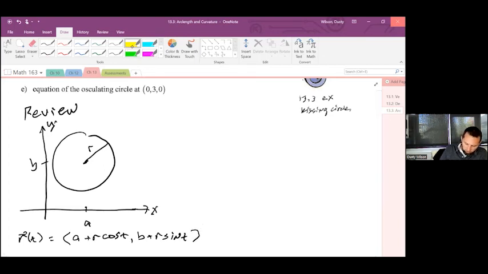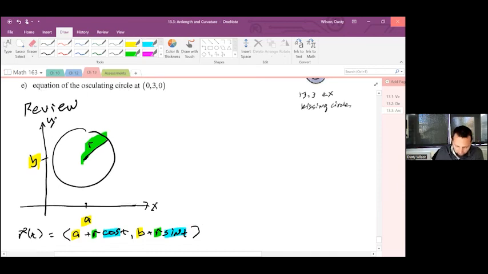Notice that the (a, b), which represents the center of the circle, is showing up here. The radius r is showing up. And then you have this cosine and sine that's giving you the circle.